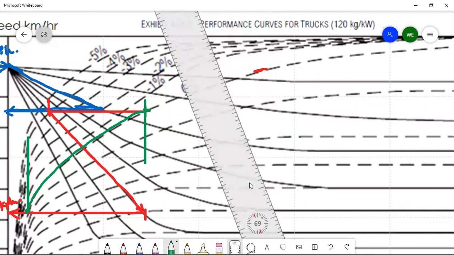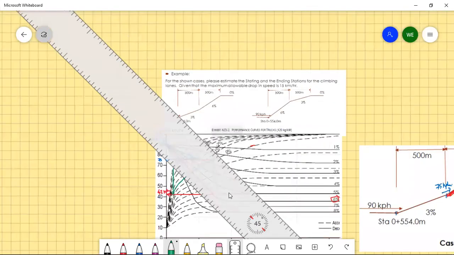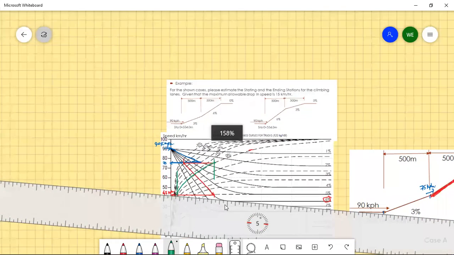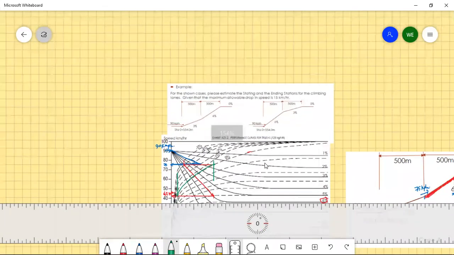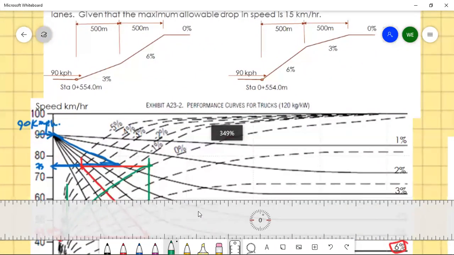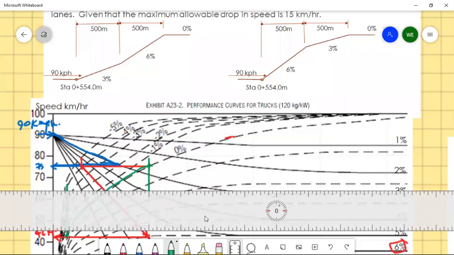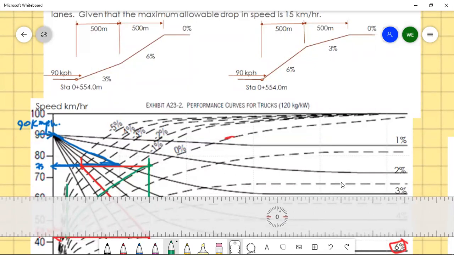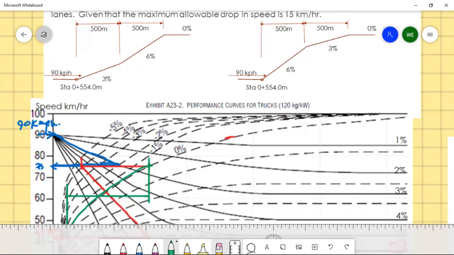We can just make an expert judgment based on the scale that we have, and approximately say it's almost 650 meters.